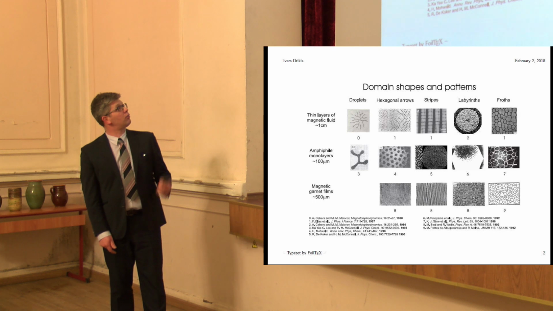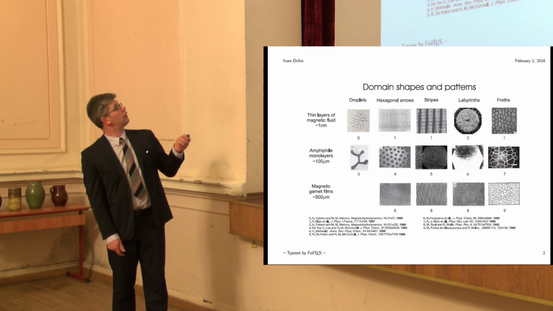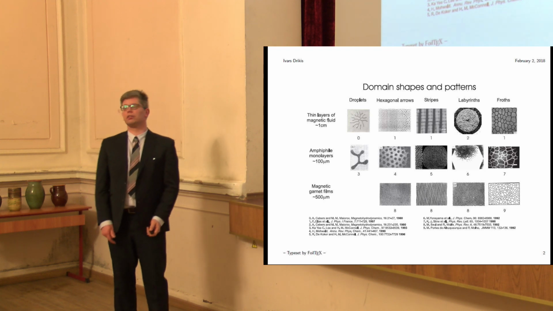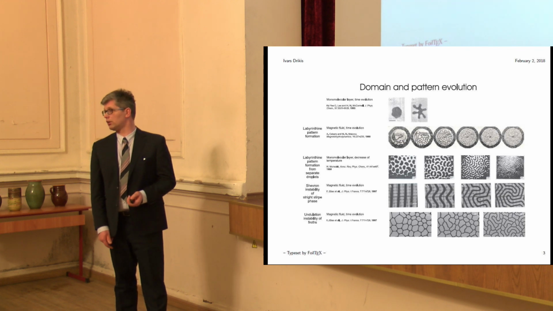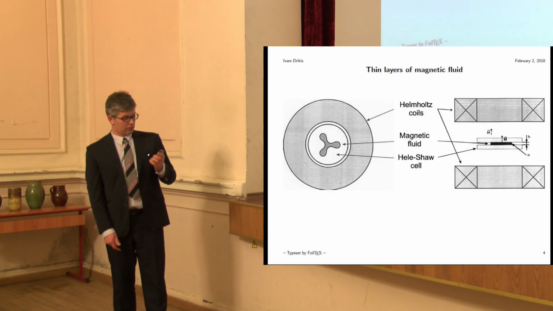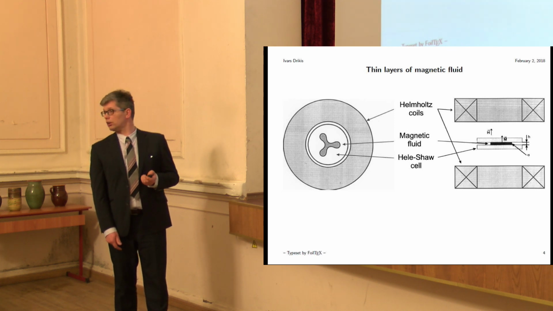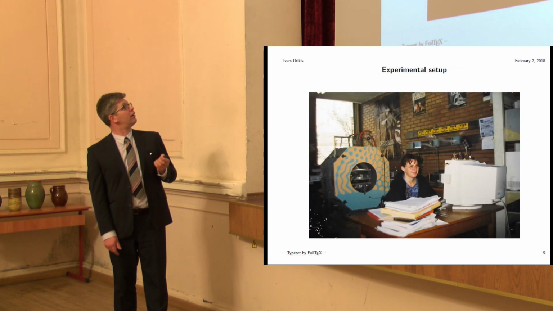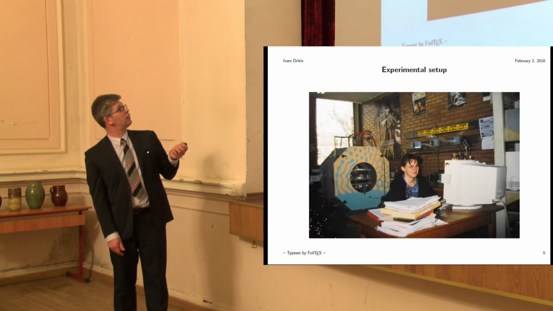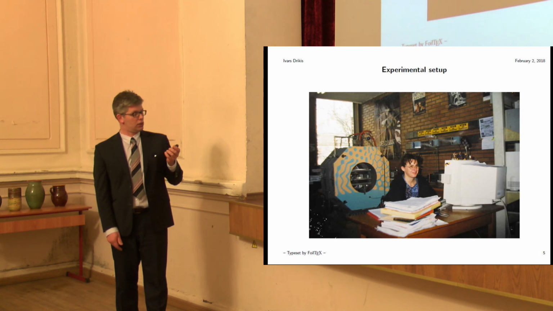They also include magnetic fluids, the layers of magnetic fluids. All these kinds of labyrinths look similar and behave similarly. In my case, I was working with magnetic fluid in a Hele-Shaw cell. An external magnetic field was applied. Experimental setups look like this. But I was not working with experiments, I was working with numerical simulations.